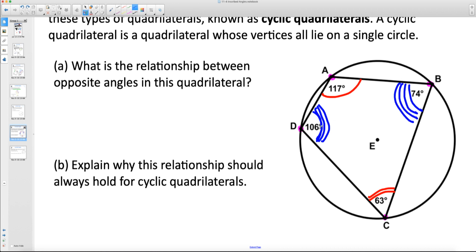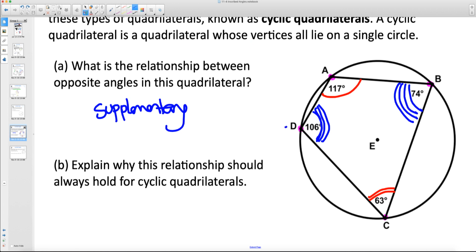So we want to know the relationship between them. You could probably see that they add up to 180 degrees, so they are supplementary. Opposite angles in this type of quadrilateral, inscribed inside the circle, are supplementary. And they ask, why is that true?